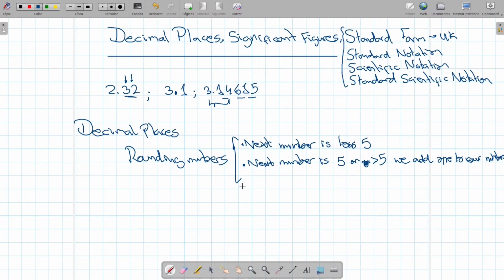Okay, so an example. If we have the decimal number above, which is 3.14615, and we wanted to round it to two decimal places. So two decimal places would leave us 3.14. The next number is a 6. As it's a 6, we have to add up 1 to the previous one.